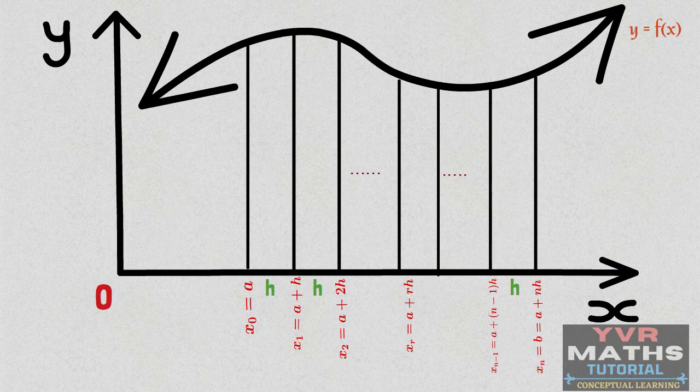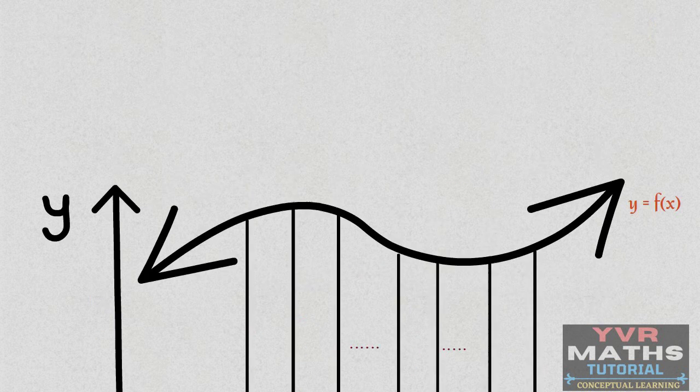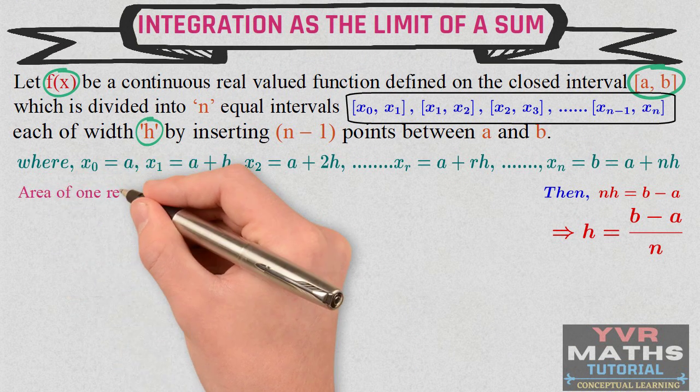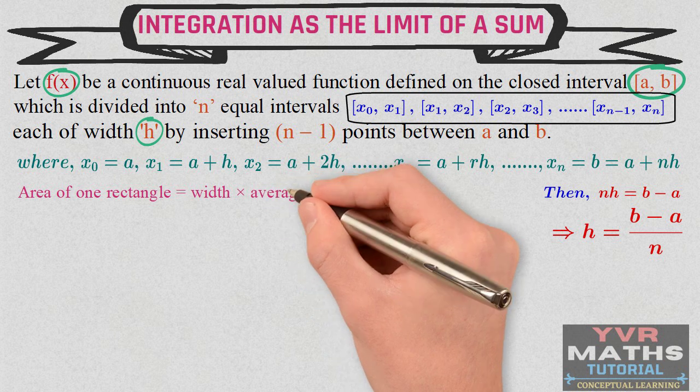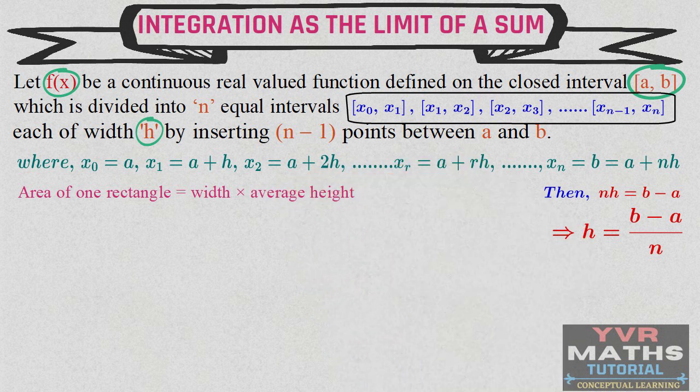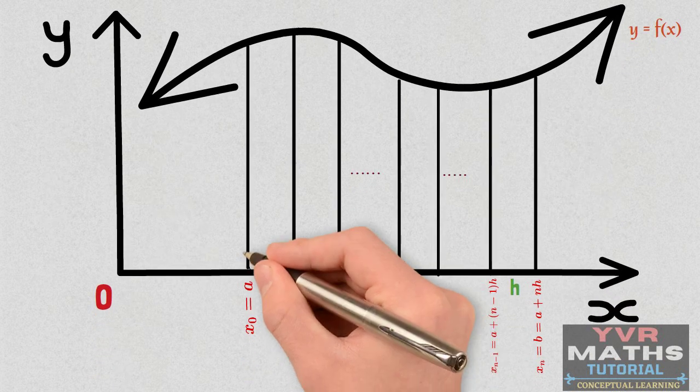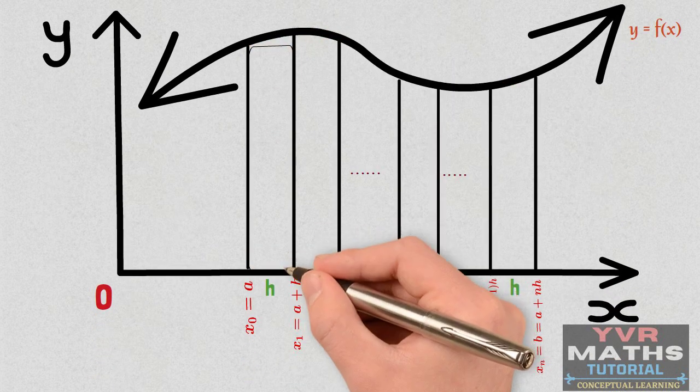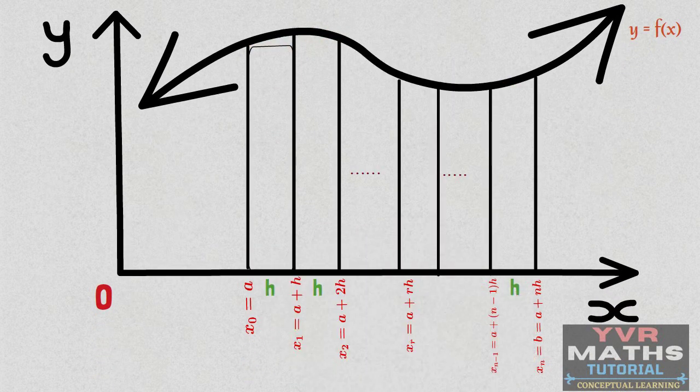Okay, students. We know that area of one rectangle is equal to width into average height. If you observe this diagram, the width of each rectangle is same, that is h. But what is the height of the rectangle? The height of this rectangle is f of a or f of a plus h.